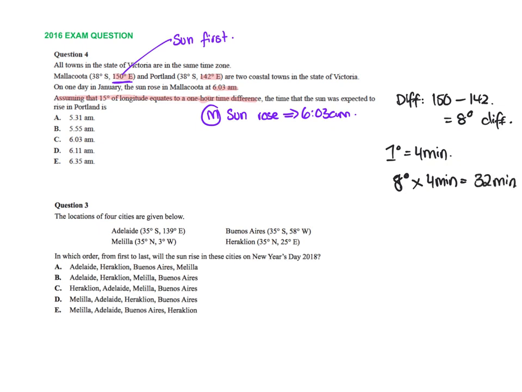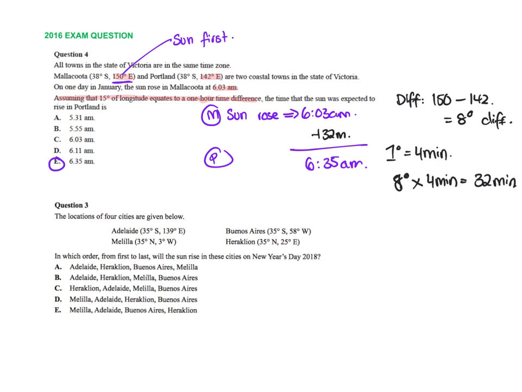All right, so there's 32 minutes between their time. Now, Malakuta got it first. They have the sun, and 32 minutes later we're going to get the sunrise in Portland. So that would end up being 6:35 a.m. And there's the answer to that.